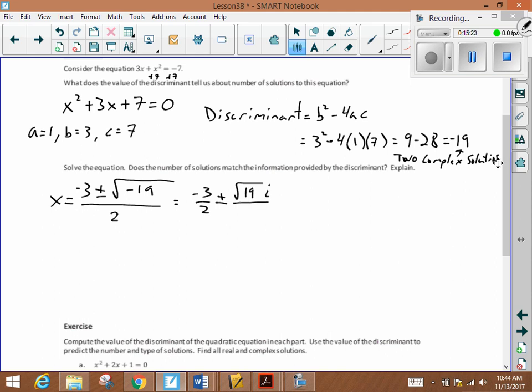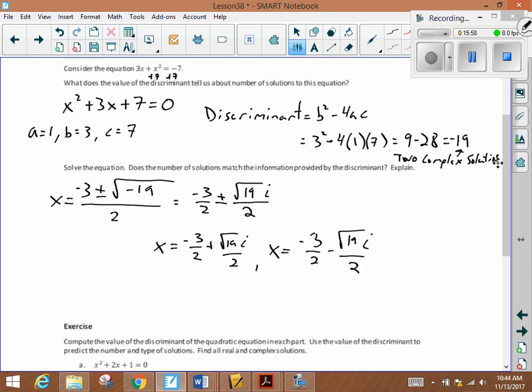Does it match? Yeah. Because x is equal to negative 3 halves plus the square root of 19i over 2, and x is equal to negative 3 halves minus the square root of 19i over 2.